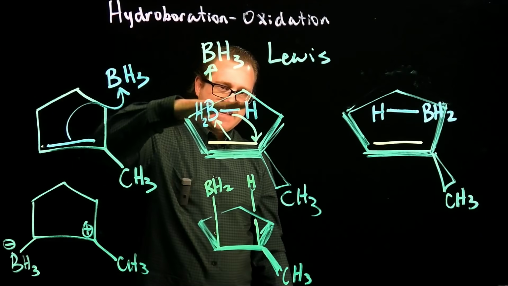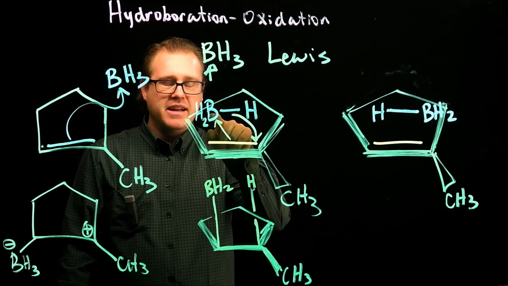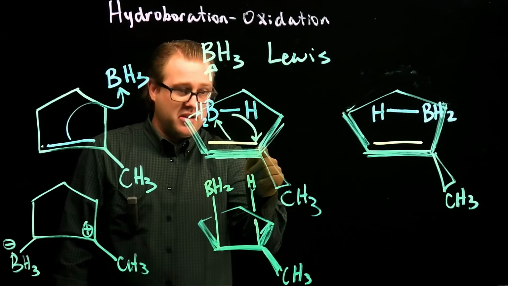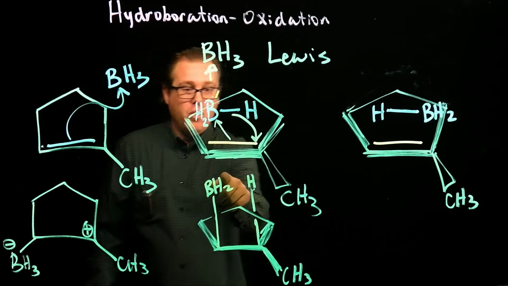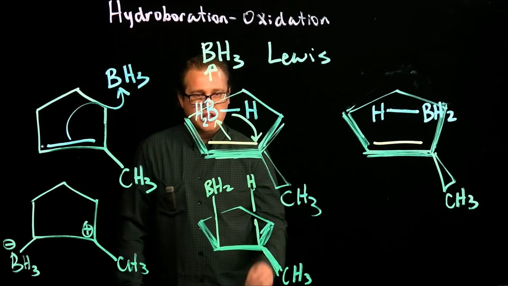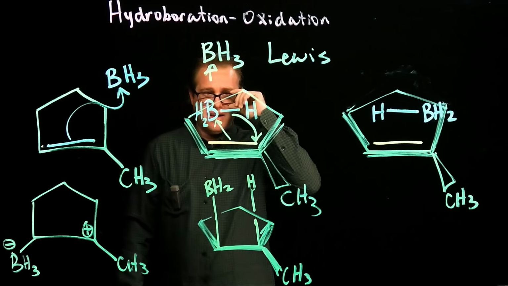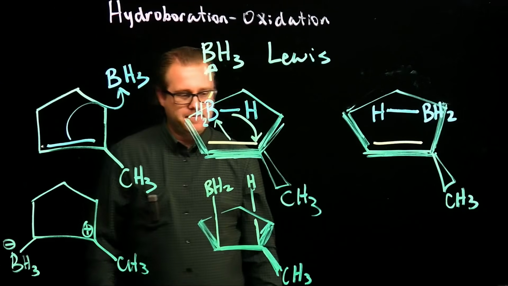It's adding to the same side because the moment the pi electrons attack the boron, it just gets all upset and drops the hydrogen down to get back to only 6 electrons around the boron atom. That happens so fast, it's concerted, that it adds in a syn-addition, like that.